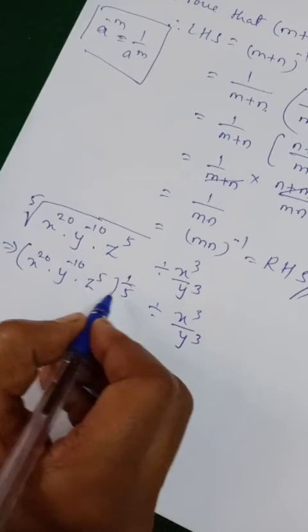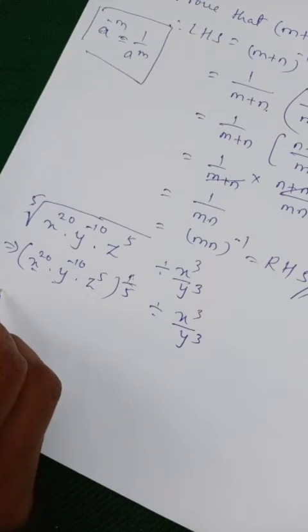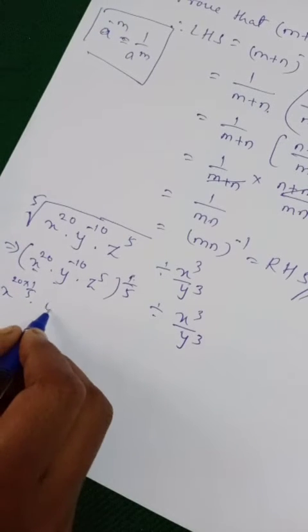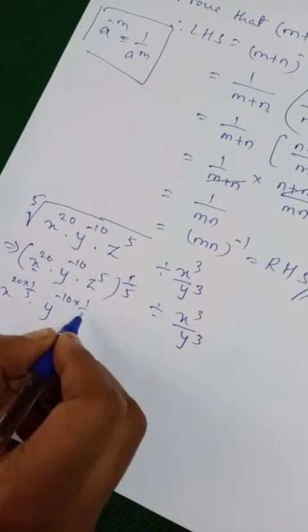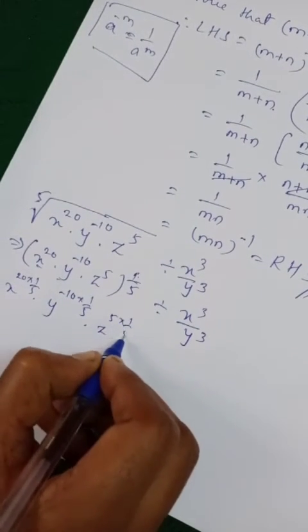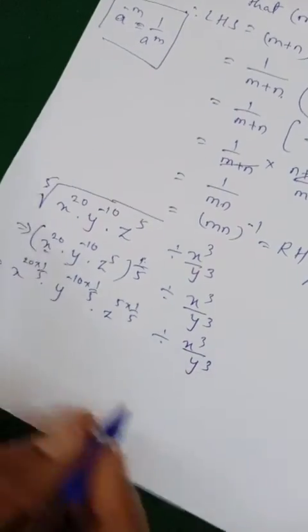So you have to multiply each term with 1 upon 5. That is x to the power 20 into 1 upon 5, y to the power minus 10 into 1 upon 5, then z to the power 5 into 1 upon 5, divided by x cube by y cube.